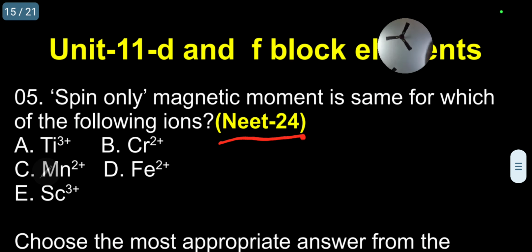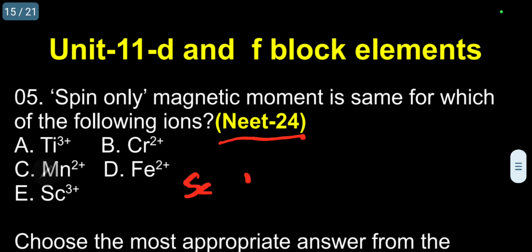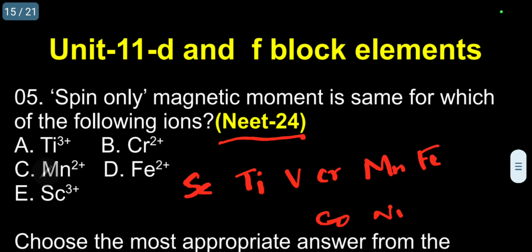But why have they not given it? Because according to the IIT pattern, students have memorized scandium, titanium, vanadium, chromium, manganese, iron, cobalt, nickel, copper, zinc.